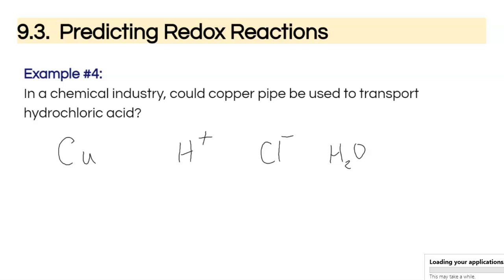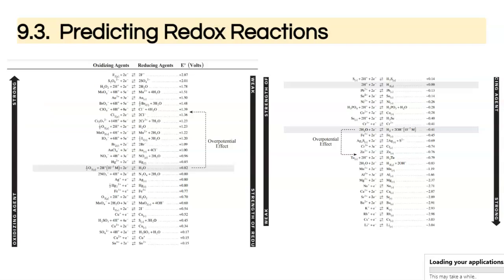So my next step is going to be to identify each of these on my redox chart. So let's switch over to that. I'm going to get my blue highlighter on, and let's go. So my copper may appear a couple of times. I'm not sure on this chart. So I've got copper right here, and I've got copper 2 below. And I've got my H+ in its usual position over here.